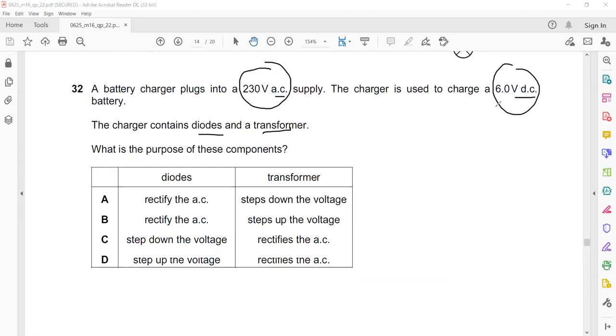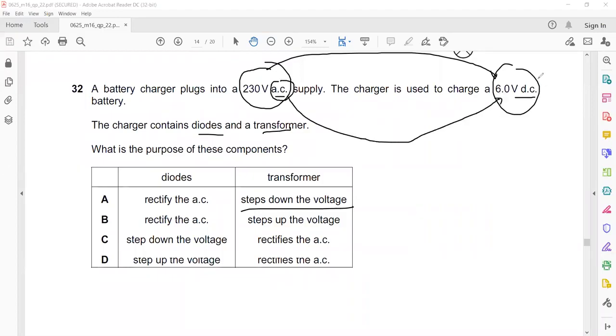The term rectification means converting AC to DC. A transformer steps down, reduces the voltage, and the diode converts this AC to DC. Why is DC not used directly? Because a transformer cannot work with DC. So A is the right answer.